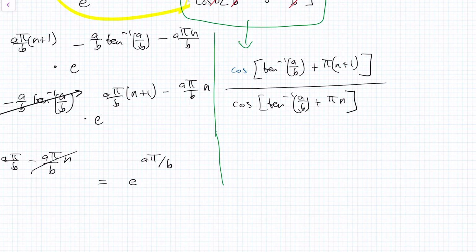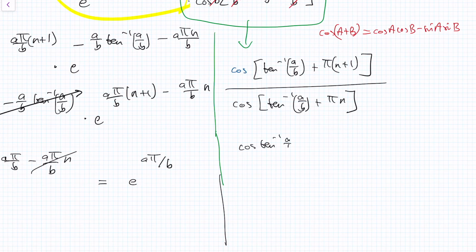Okay, so let's expand this using the expansion of cos of A plus B. So we have cos(A plus B) is equal to cos A cos B minus sin A sin B, right? So we have cos tan inverse of a over b times cos pi (n plus 1).